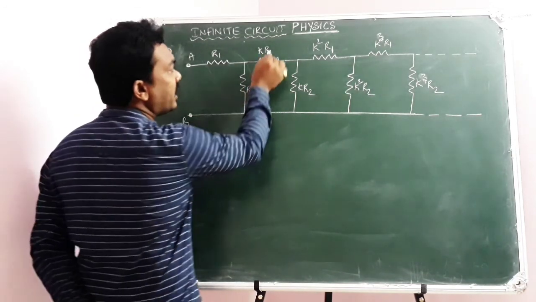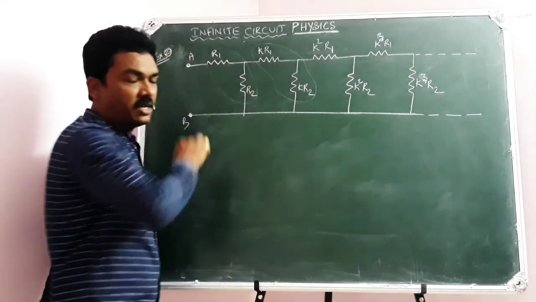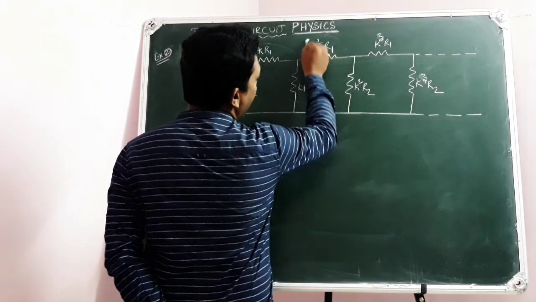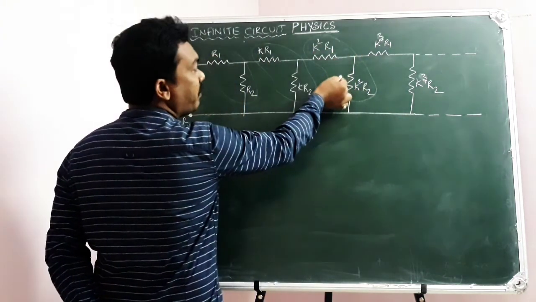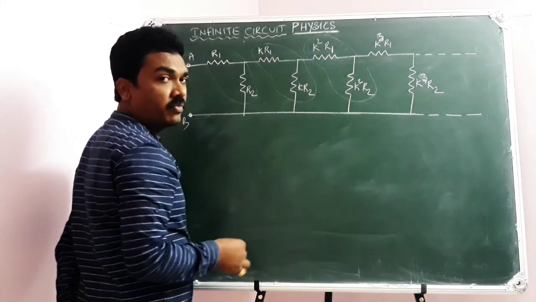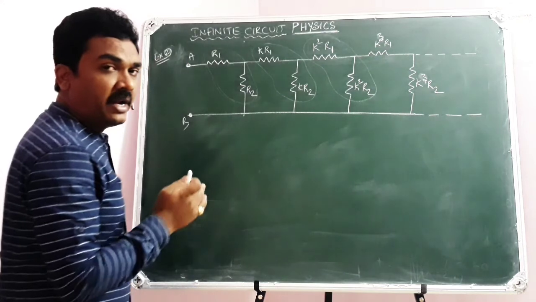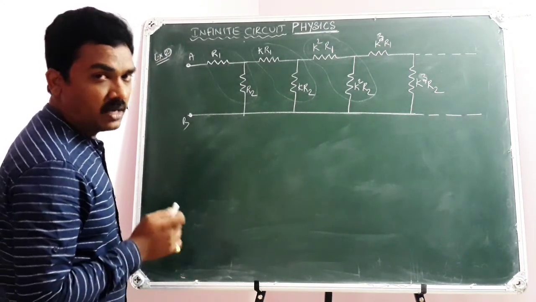But you see in the next element, each thing is multiplied with K. KR1, KR2. In the immediate one, each one is multiplied with K compared to the just earlier one. Means every successive element is multiplied by K to its preceding element.